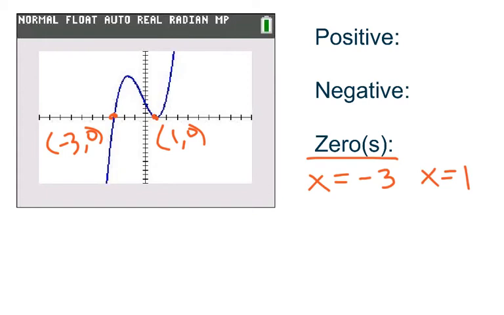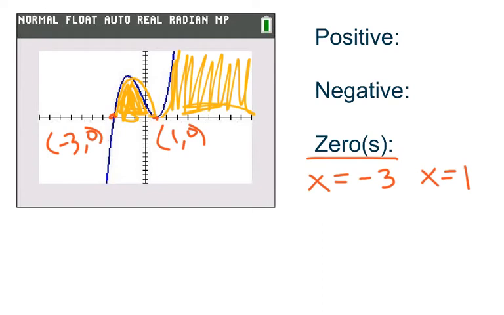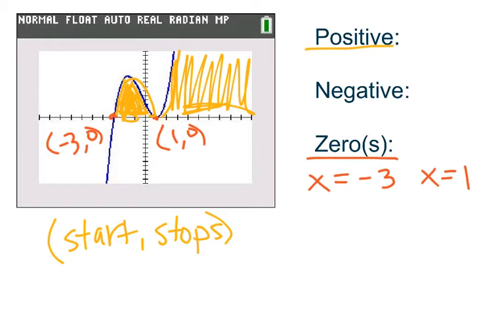Okay. Positive is anywhere the graph is above the x-axis. Oh, missed that. So right here, it's above the x-axis, and then also over here. All right, so remember, interval notation, we're saying comma where it starts and where it stops. And we always read it from left to right. So this first little yellow piece, it starts at -3 and it ends when you get to 1.